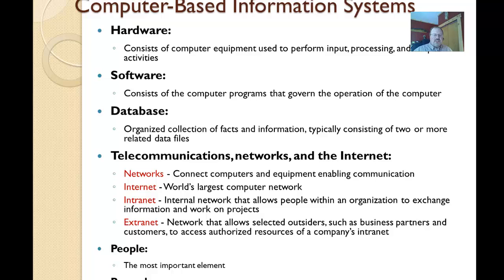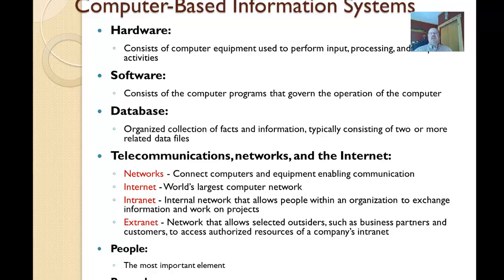Now, an extranet, as we're looking at this point, is a network that allows selected outsiders, such as business partners and customers, to access authorized resources of a company's intranet.